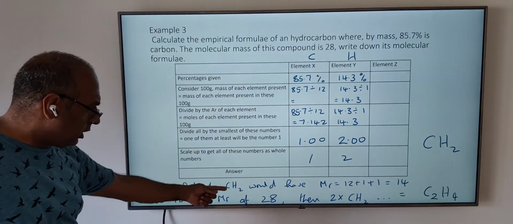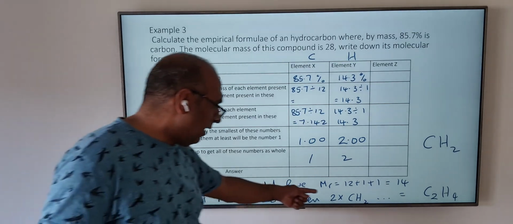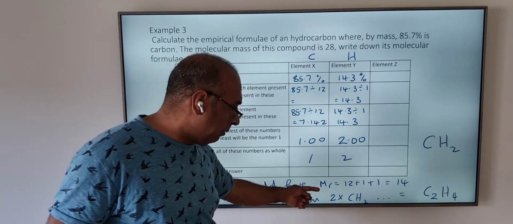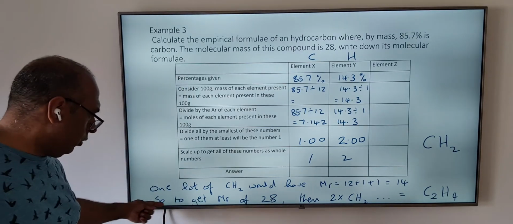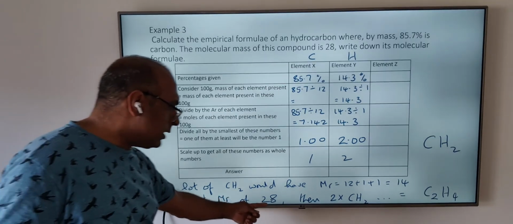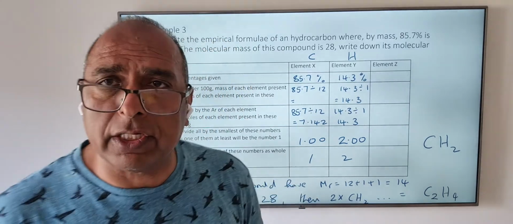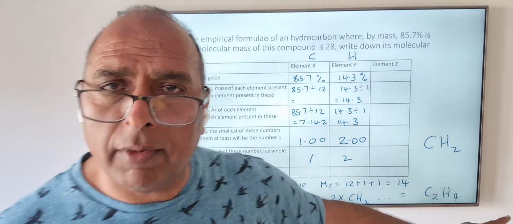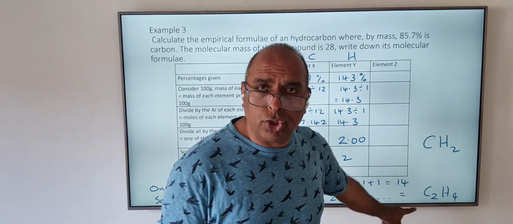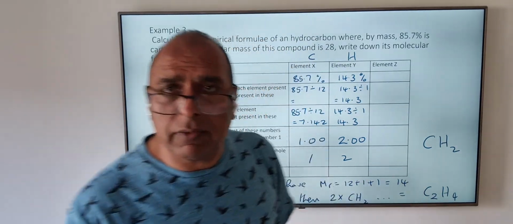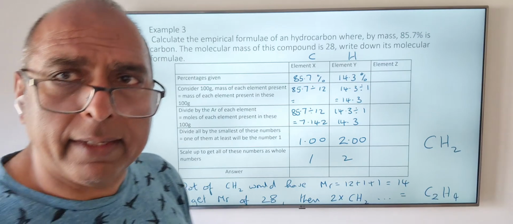So 1 lot of CH2 would have a relative molecular mass of 14. And so to get a molecular mass of 28, we need 2 lots of CH2. And 2 lots of CH2, the molecular formula is C2H4.